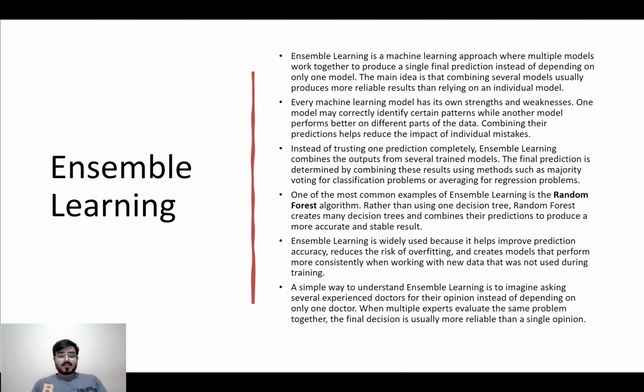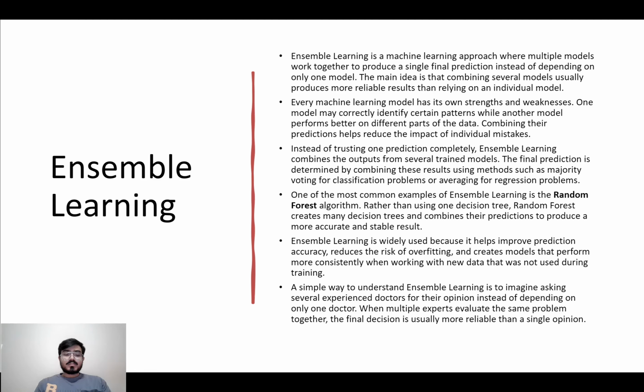So, ensemble learning is a machine learning approach where multiple models work together to produce one final prediction instead of depending on only a single model. The basic idea is quite simple. Every machine learning model has its own strengths and weaknesses. One model may perform well for certain types of data, while another model performs better in different situations.